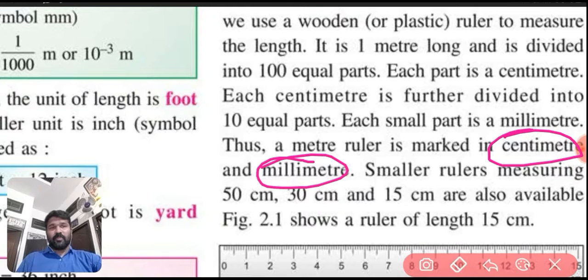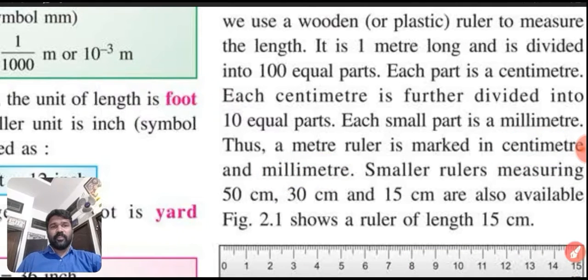Then smaller rulers measuring 50 centimeter, 30 centimeter and 15 centimeter are also available. You have two types of scale mainly. One is a small one, that is 15 centimeter. The second one is a big one, like a steel scale, that is 30 centimeter.